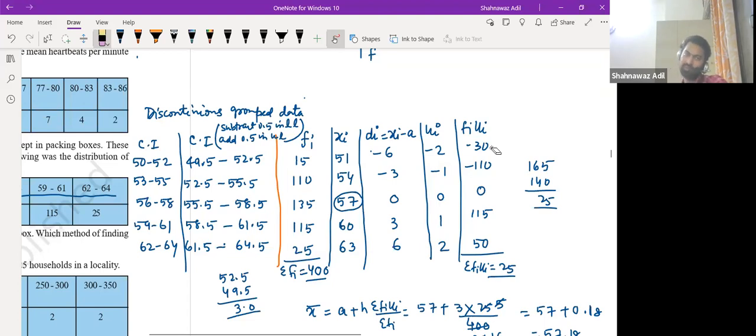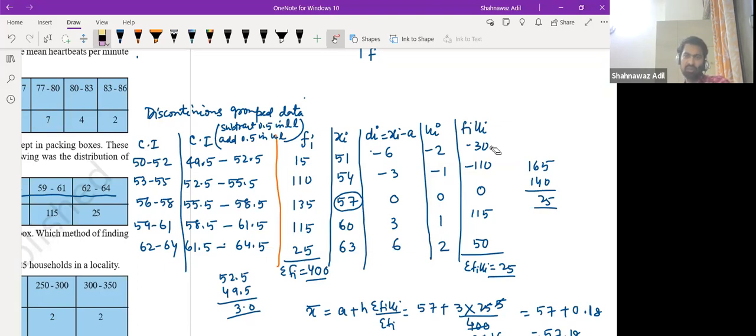Good. So please note down this step deviation part, and then in the next class we will do mode, and in the next class after that one we will do median. So this chapter will be over. In this week, Sunday and Monday, this chapter will be completed by Saturday.